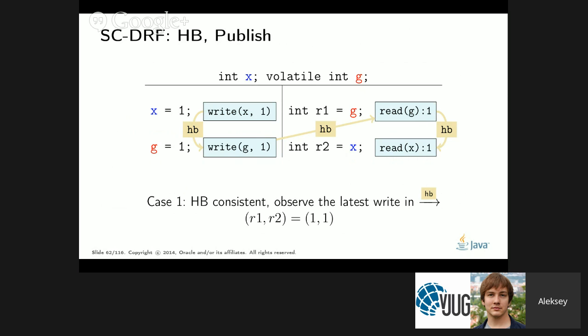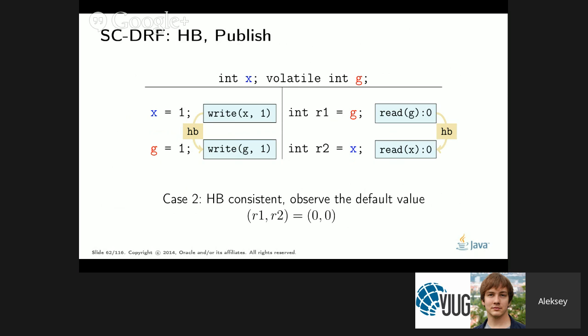If I have the execution which reads 1 from G and reads 1 from X, this execution is happens-before consistent because both reads actually observed the latest writes in happens-before. This one, surprisingly, is also happens-before consistent, because if I wonder whether the particular read of G or X can read 0, there's nothing preventing me from reading that, because I can read something else via the race. I can read some other unordered write.